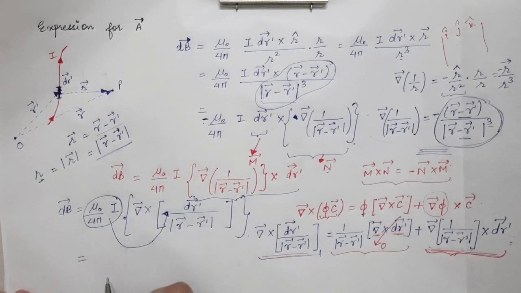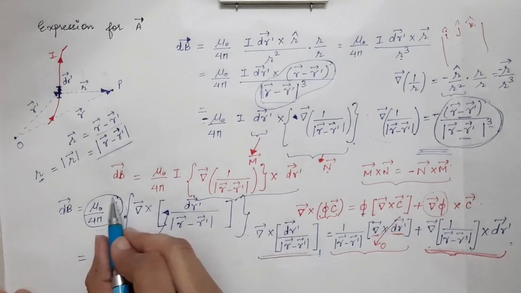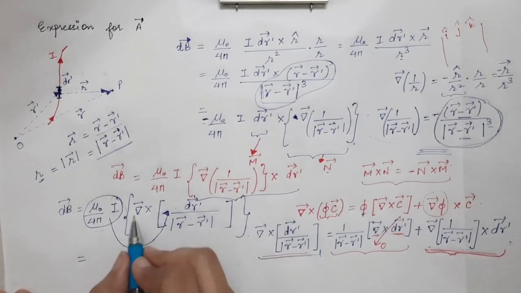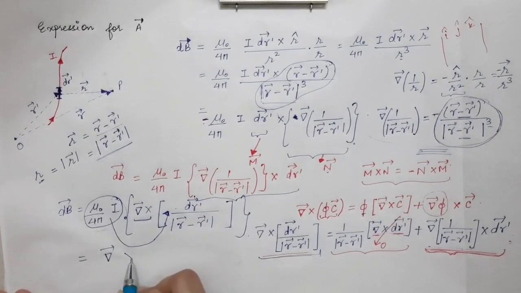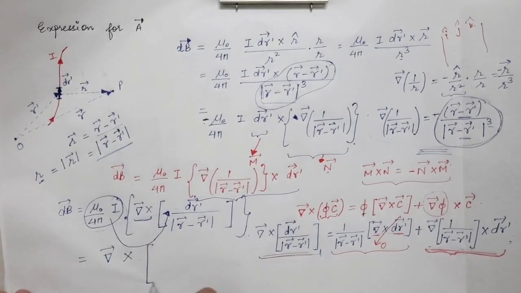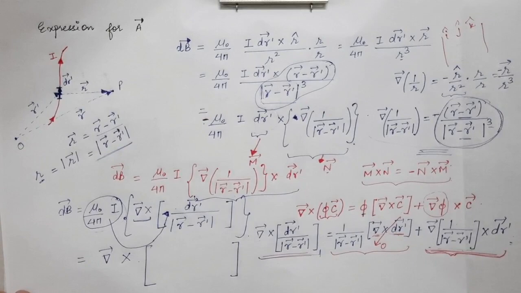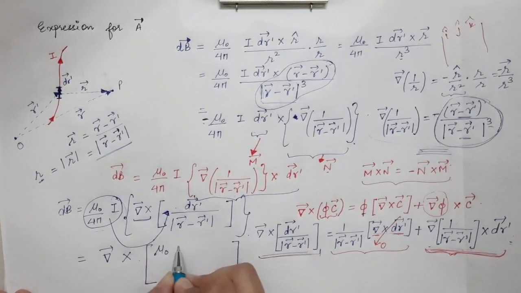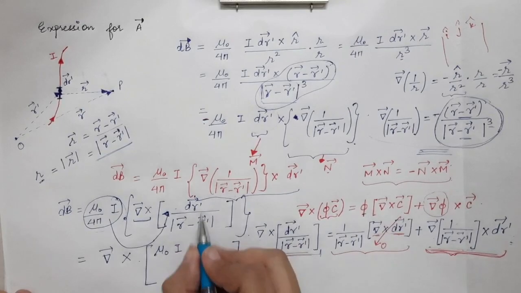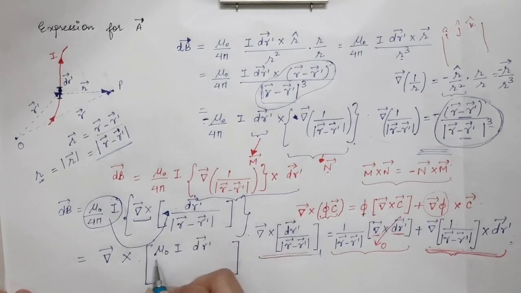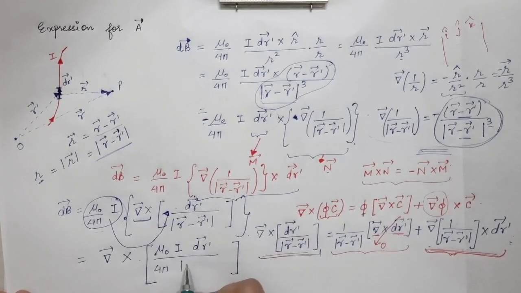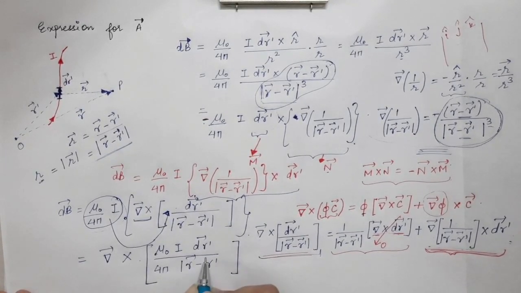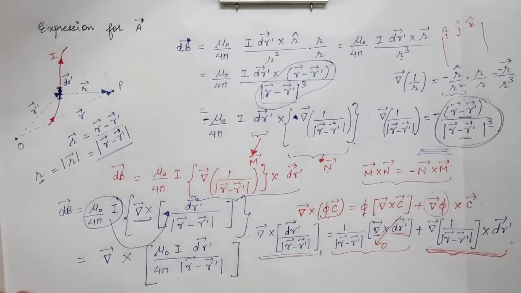So dB vector will be equal to, taking this whole term inside, I will be just left with curl. So I will have curl of the whole expression with this constant term. That will be mu naught times I times dr prime vector divided by 4 pi times the magnitude of r vector minus r prime vector.